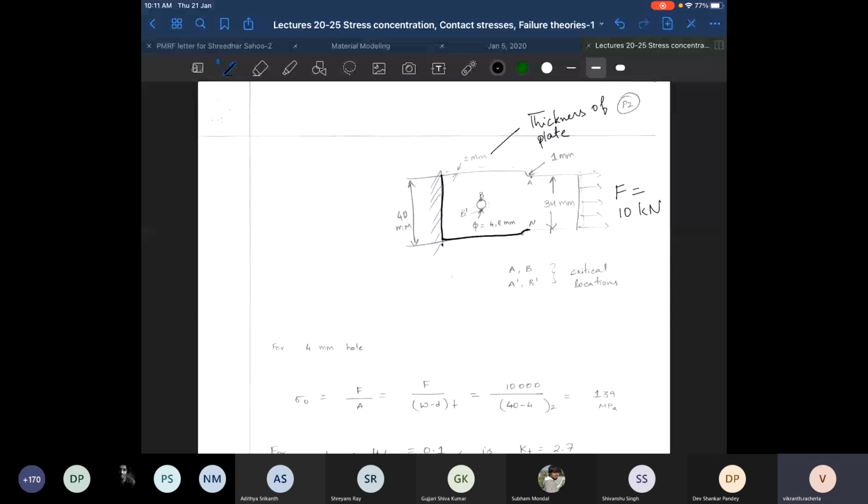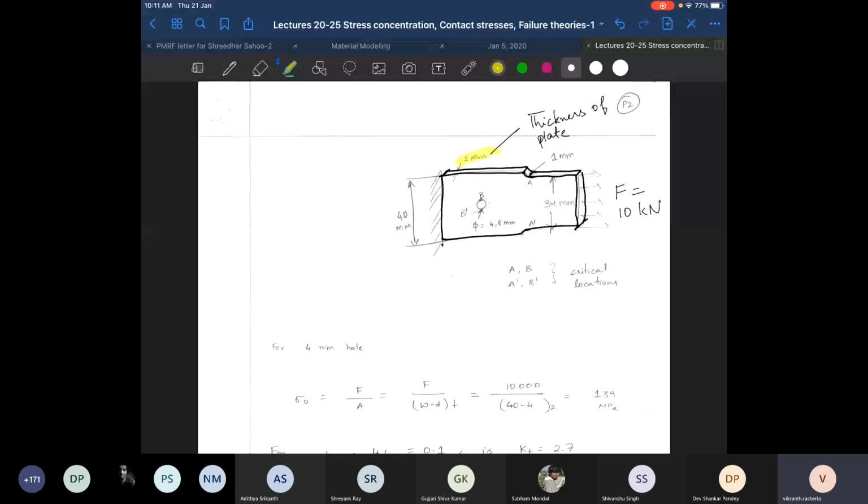There is a step here. I have something like this, and the plate is 2 mm thick. I'm not sure if you can see this, but the thickness of the plate is 2 millimeters.